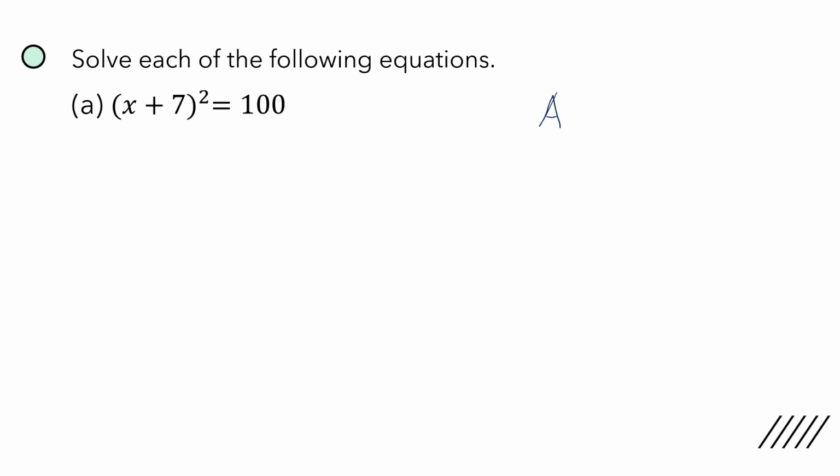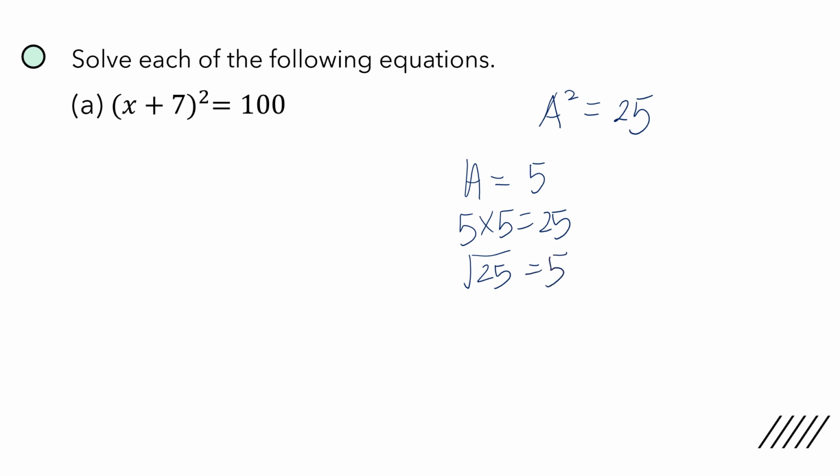Supposing I have a squared equals 25. So what are the possible values of a? What can I substitute a inside so that I get 25? Yes, one possible value will be 5, because 5 times 5 gives me 25. Then can you see that to get 5 is when I square root 25. When you square root 25, you get 5, right? So one possible answer for a will be a equals square root 25.